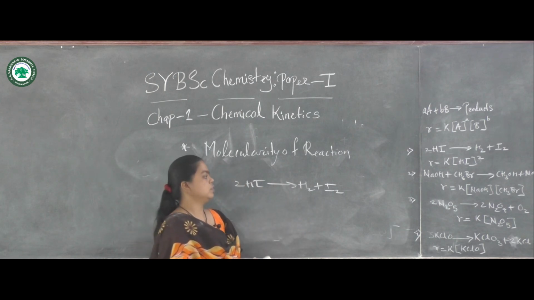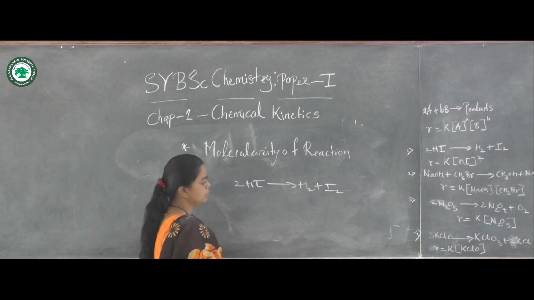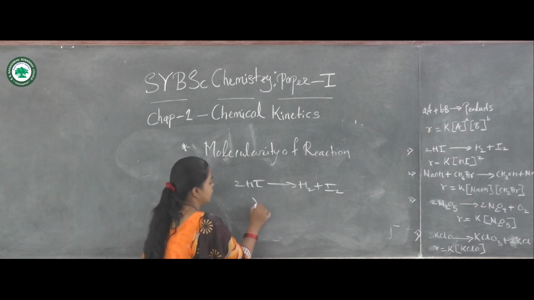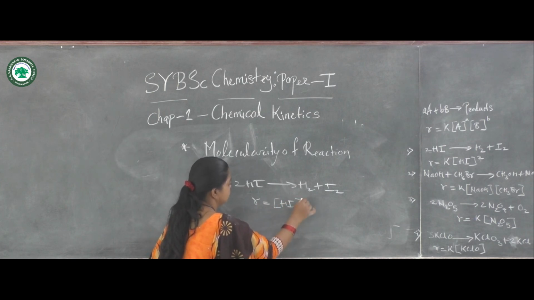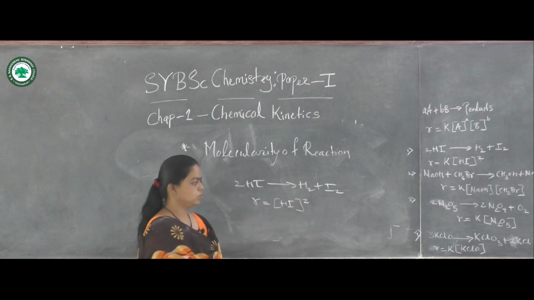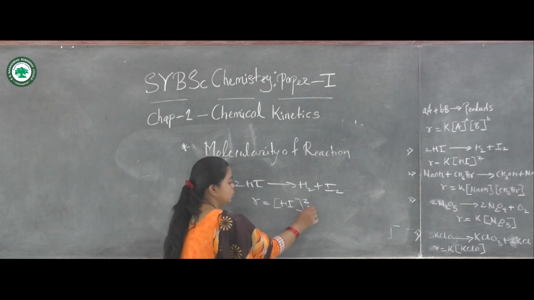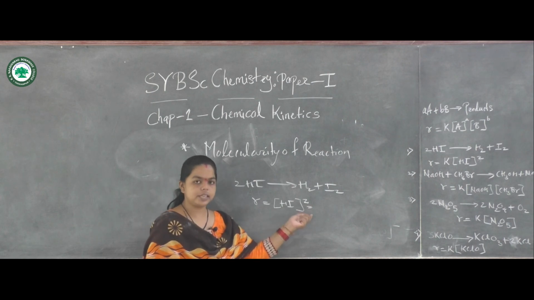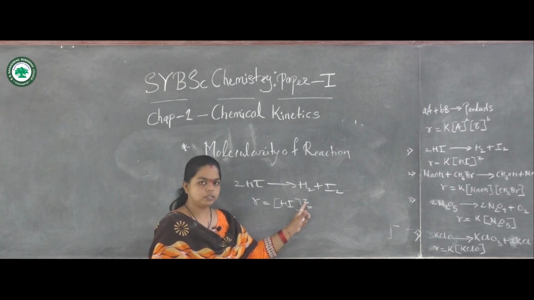Now if we want to calculate the rate of the reaction, for this reaction we can write rate equals k into [HI] raised to 2. So the order of the reaction will be 2. This quantity is experimentally determined. The exponent gives the order of the corresponding reaction from the experimentally determined rate equation.